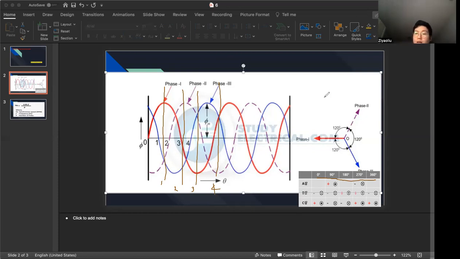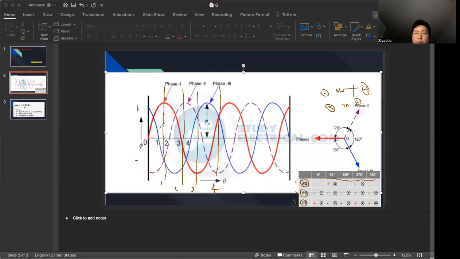First of all, here means it comes out, and plus, and this is in, and minus, I will say, okay? So first of all, we see just the direction, okay? And this is A, B, C phase, just 1, 2, 3, okay?